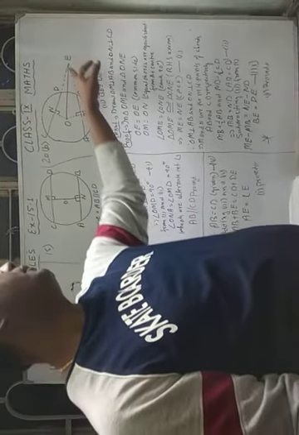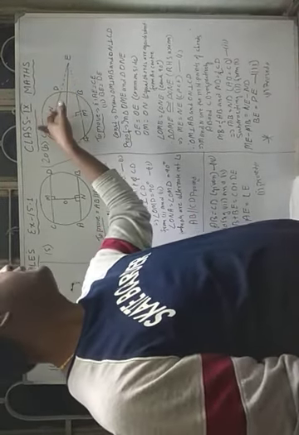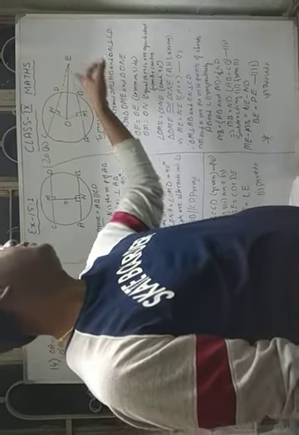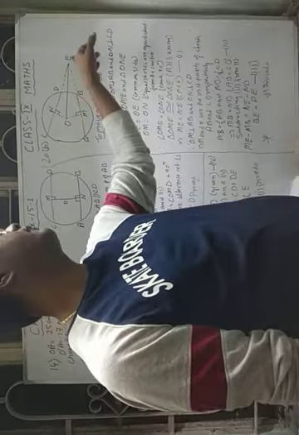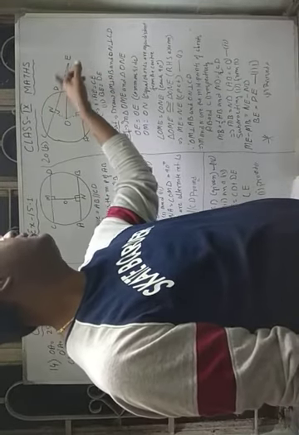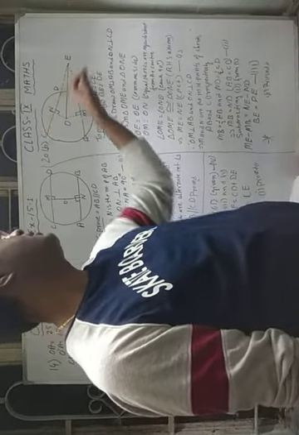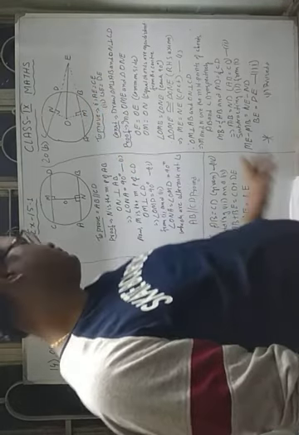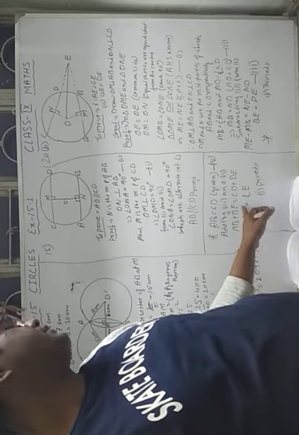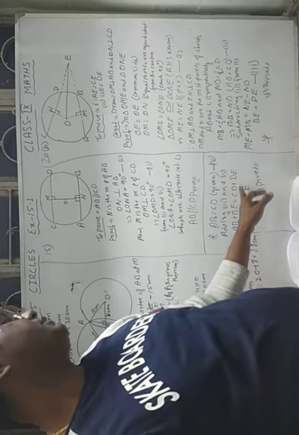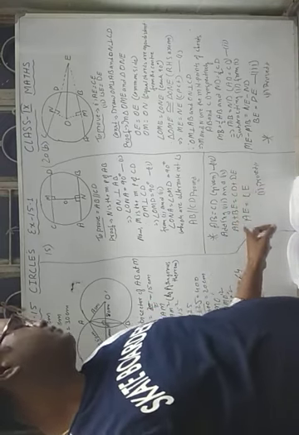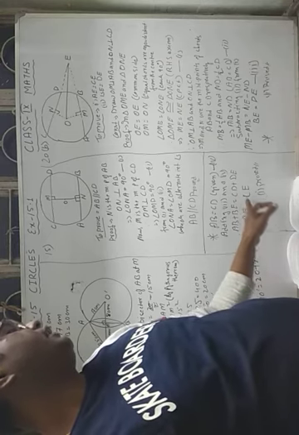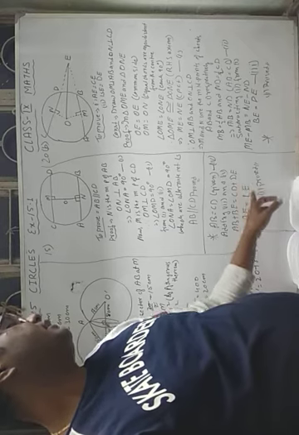AB plus BE and CD plus DE. So AB plus BE is equal to full AE, and CD plus DE is equal to full CE. So ultimately we can write AB plus BE equals CD plus DE, that is, AE equals CE.